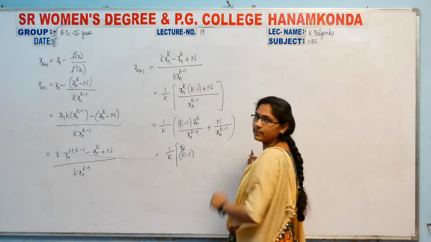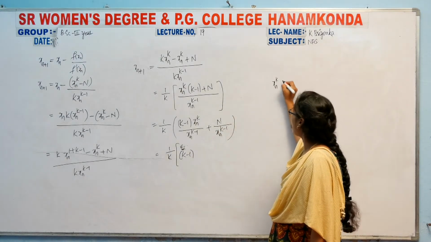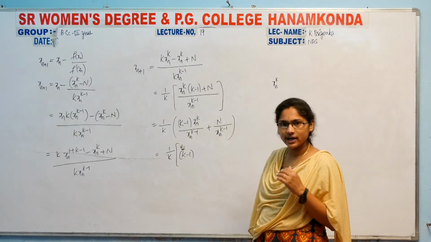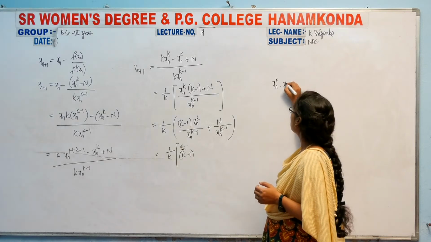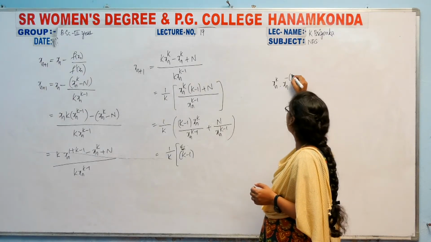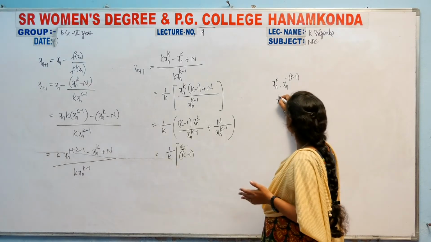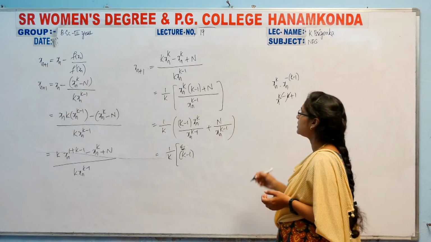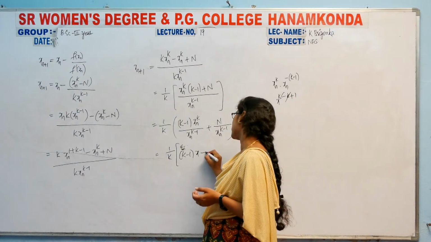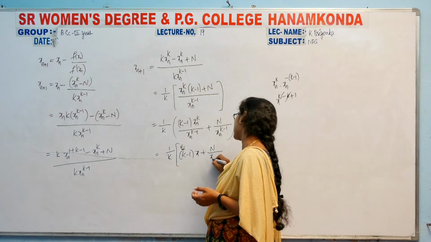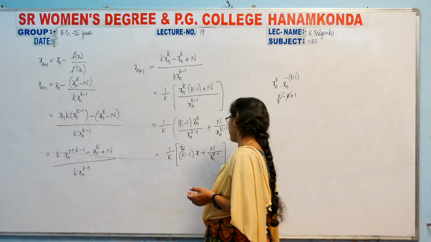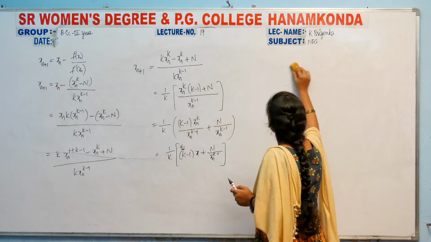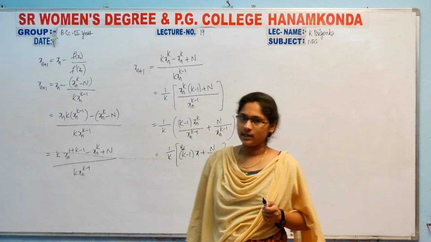Here we have xn power k, and in the denominator xn power k minus 1. If I take it to the numerator, it becomes xn power minus k minus 1. The bases are equal, so the powers are added: k minus k plus 1. We get only xn plus n by xn power k minus 1. So this is nothing but the formula. First of all they asked about the formula, so that's why I calculated this.